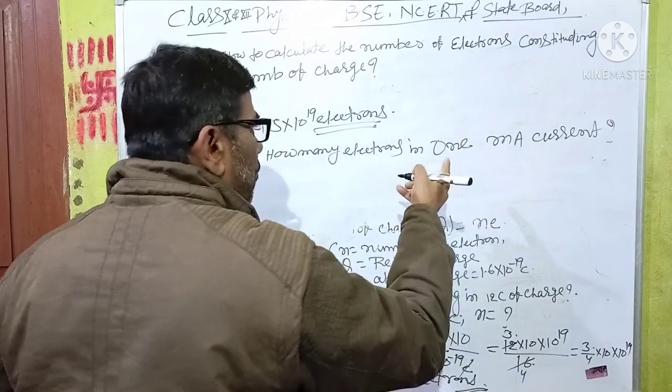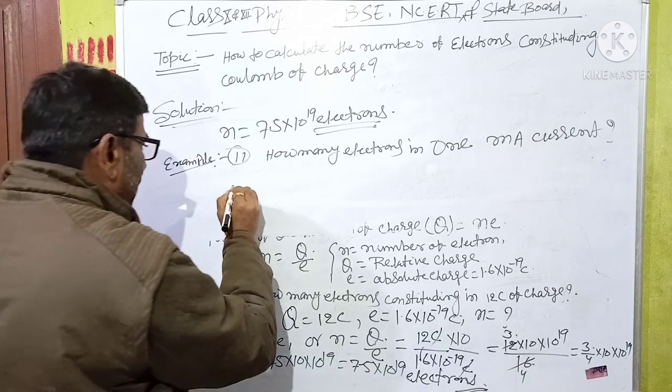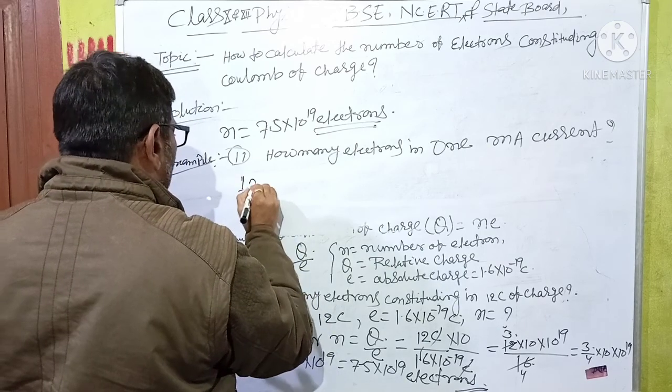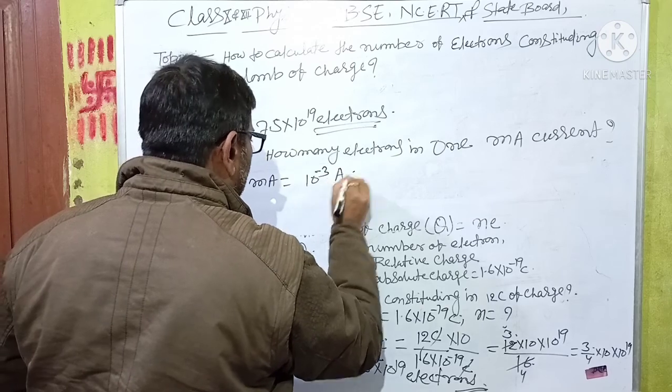So here also, first of all, we write 1 milliampere as 10 to the power minus 3 ampere of current.